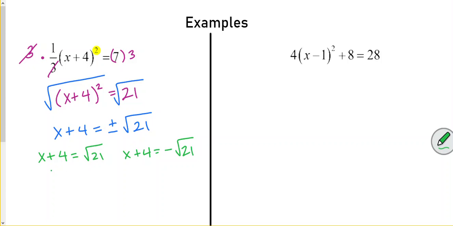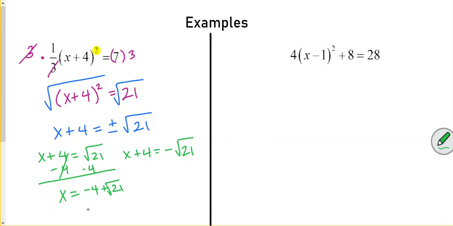Then we just need to solve. So I'm going to subtract 4, subtract 4. So I get x to equal, now the square root of 21 is not a like term as negative 4. So we can't just subtract. So we're just going to write, it's a negative 4 and it was our positive square root of 21.